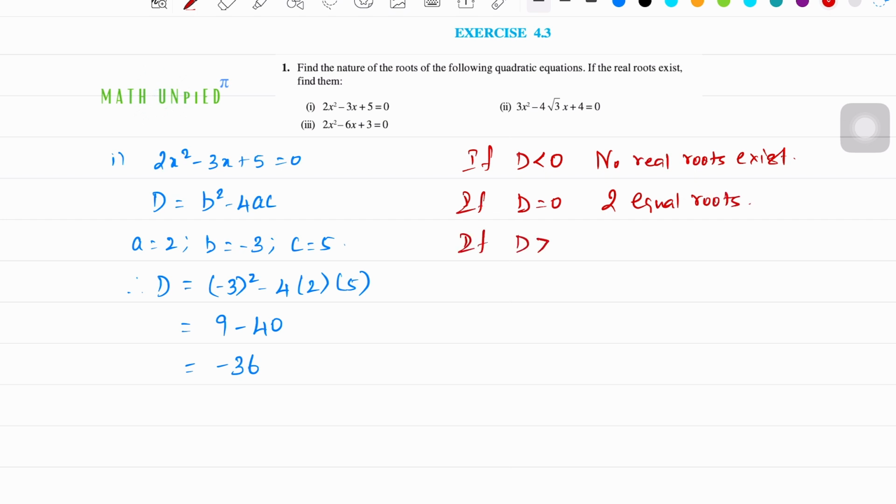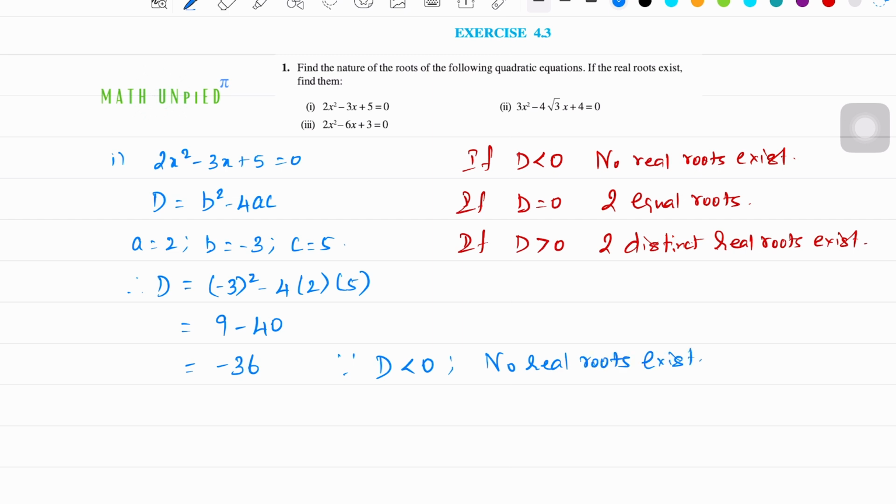If D is greater than 0, two distinct real roots exist. So we know these conditions, and based on this we can say, since D is less than 0, no real roots exist. This is the answer for the first one.